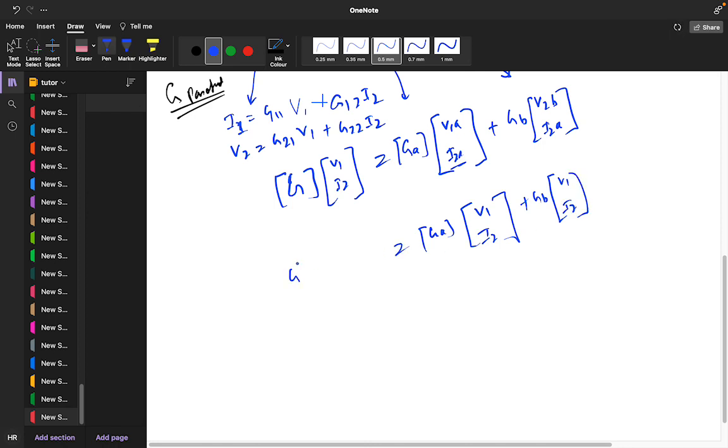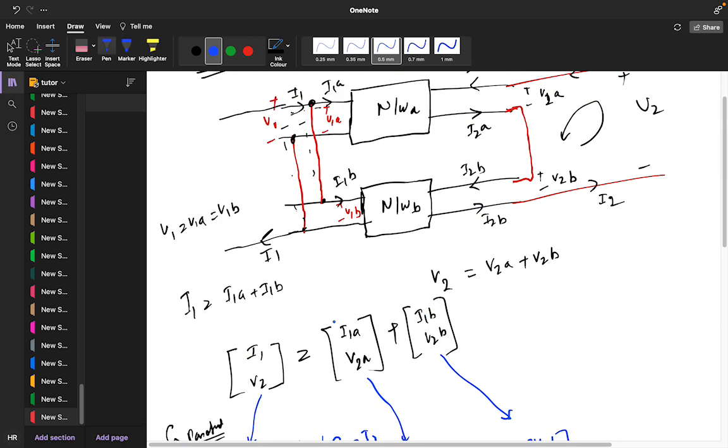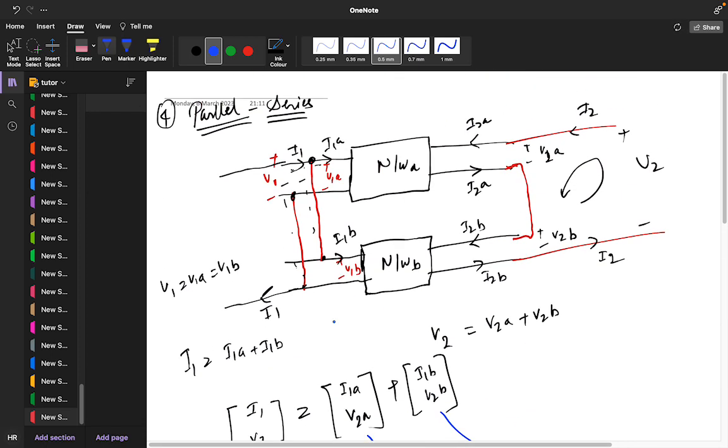This is GA, this is GB, and we get V1 and I2, which we take common, and it cancels out. So G is equal to GA plus GB. This is the concept of a parallel-series network. Everyone got this, or is anyone facing any problem?